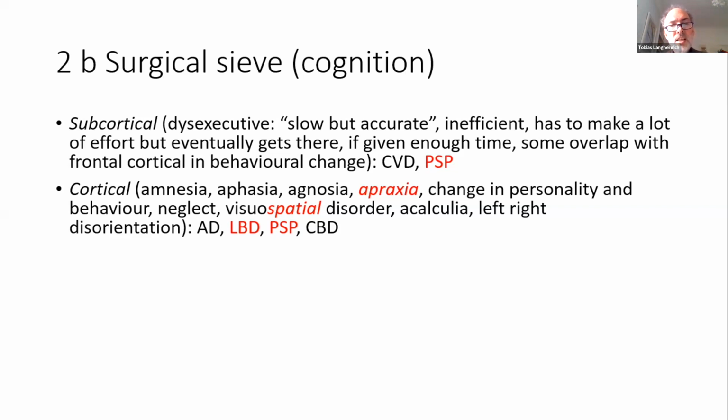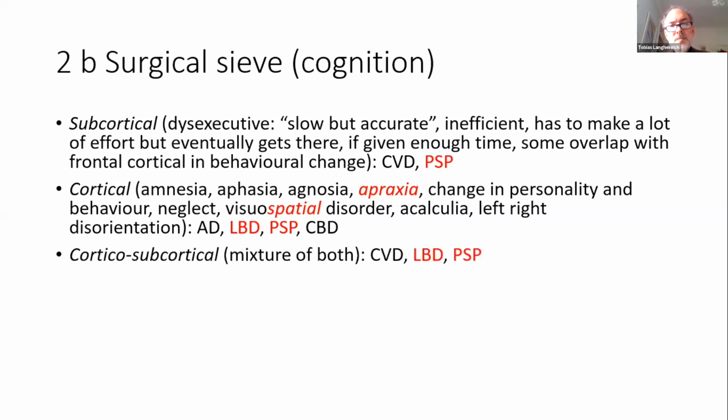So you can see that PSP appears twice. Cortico-subcortical simply means that some of those disorders can have both, and again, Lewy body disease and PSP appear here. So it may not be as simple distinguishing those on the basis of this anatomical approach.